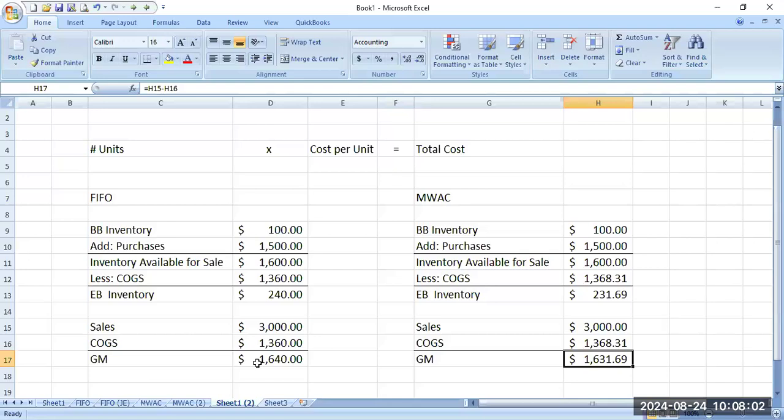Why? Because on the first in first out, we're holding a higher amount of inventory compared to the moving weighted average, and that affects our gross margin directly. That will be our comparison, first in first out versus moving weighted average cost.